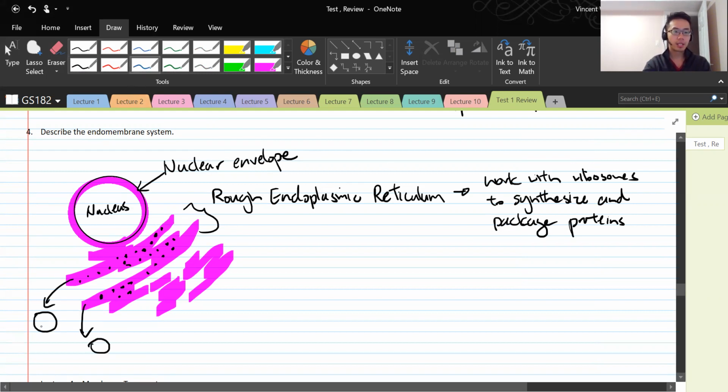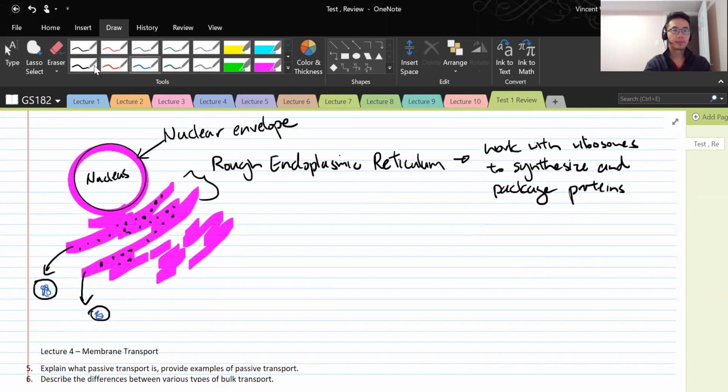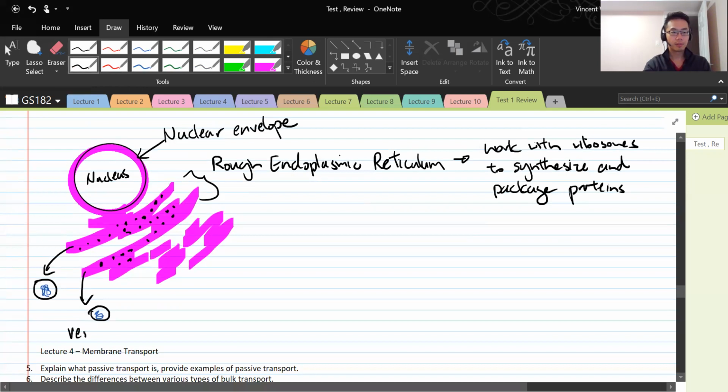And then the vesicle is going to have proteins in them. Vesicle with protein. Now, further out from the nucleus, you're going to have endoplasmic reticulum with no ribosomes. So these are the smooth endoplasmic reticulum.